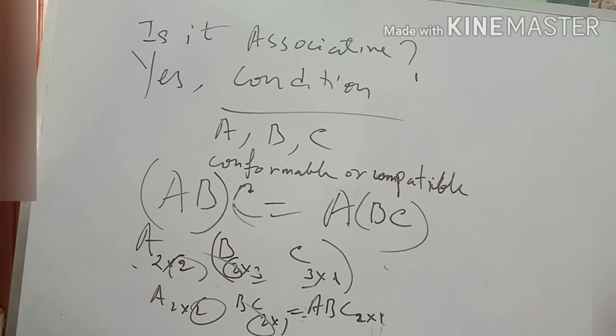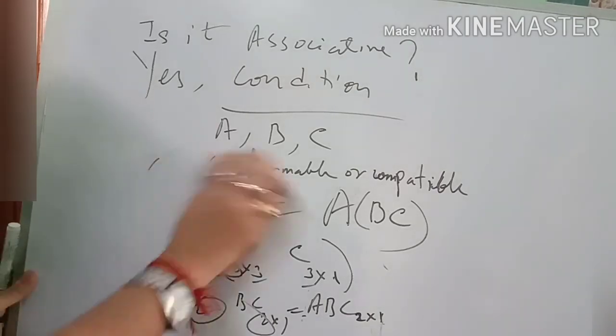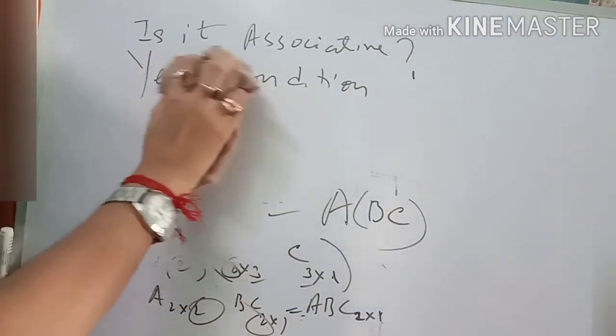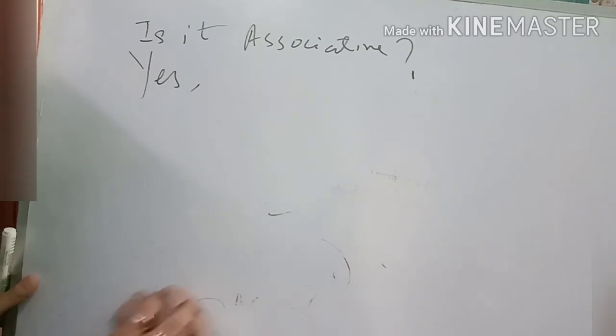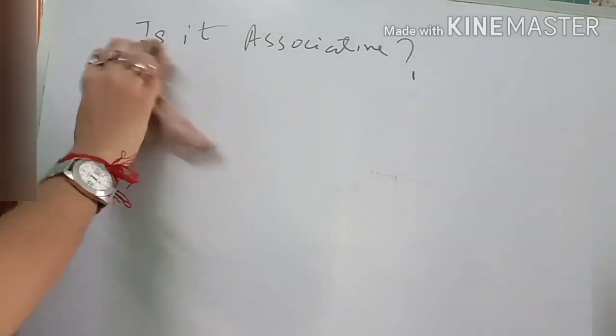Let us do a few sums to understand. Before doing that, next thing: is it distributive? First let us ask ourselves, is it distributive? And if it is, then when?